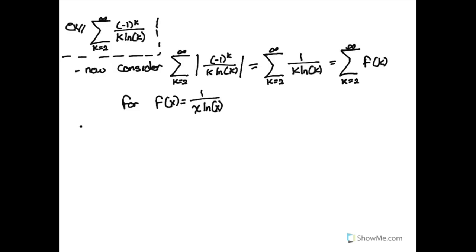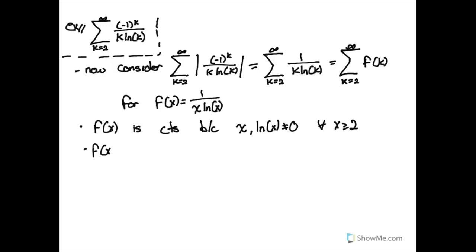And to apply the integral test, well, first we need to know that f is continuous, and in this case it is. So f of x is continuous because x and ln x are not equal to 0 for all x greater than or equal to 2. Again, our starting index is 2, so we only need to look at x greater than or equal to 2.